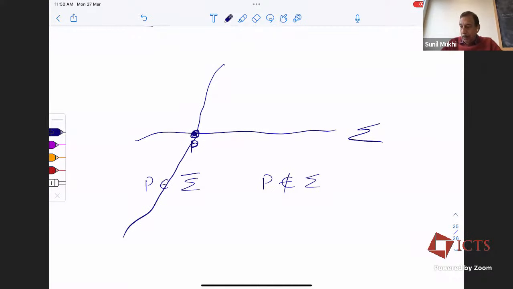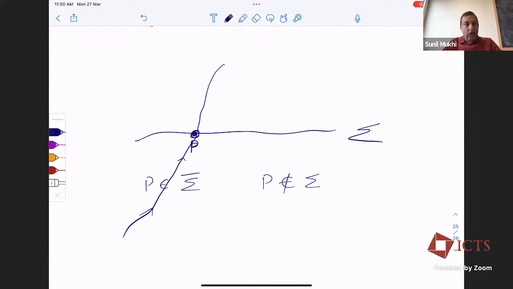So imagine I came along from here along this arrow, looking forward to intersecting sigma in P, but I passed through P and never intersected sigma. Like a point on the railway line which just didn't happen to be a station, or maybe it's better, a station which didn't happen to be on the railway line.